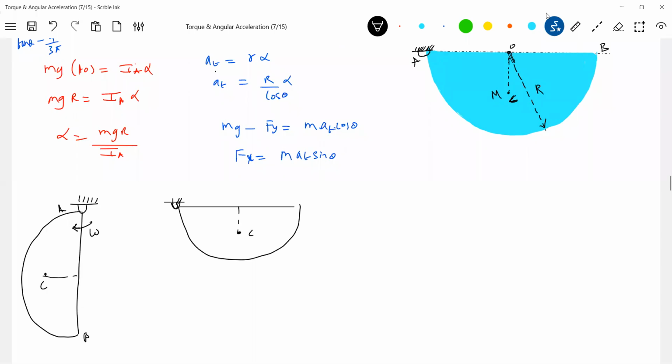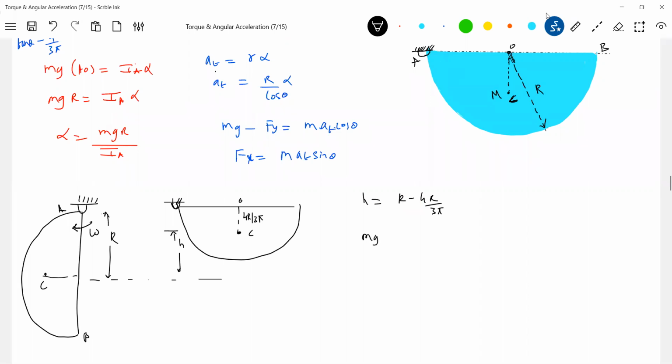Now the center of mass finally descended. So how much is it? This is R. So initially it was at a distance, no? So how much did the center of mass descend? Center of mass has descended by h, and you have to calculate that h. So we know this distance is how much? 4R by 3 pi. So what is h equal to? R minus 4R by 3 pi.